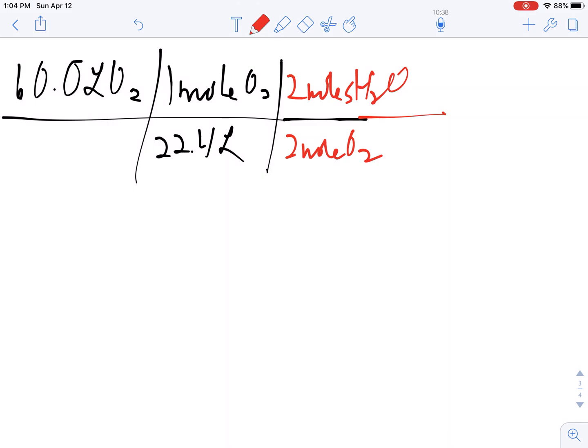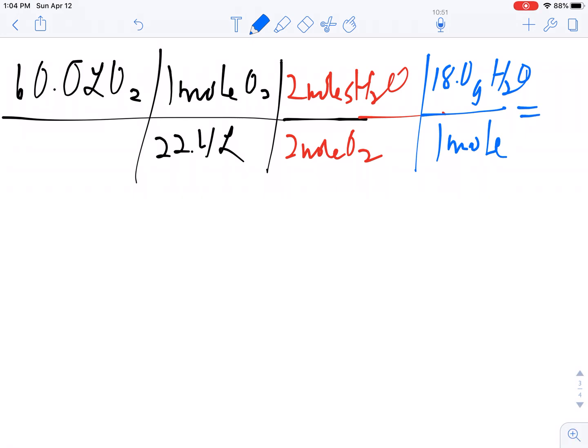And then the last step is to convert from moles to grams. And again, water still weighs 18. Put this into my calculator. And I get 48.2 grams.